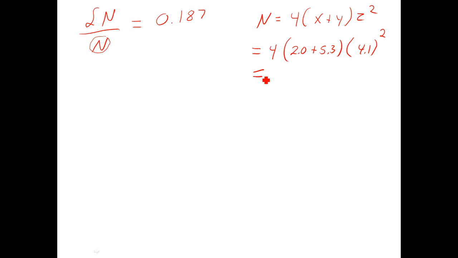And again, if I did things right on my calculator, I get about this. I'm writing down a lot of extra digits, and I'm going to tidy it up in a second, but I get 490.852. So we can write that the uncertainty in n over 490.852 is equal to 0.187.